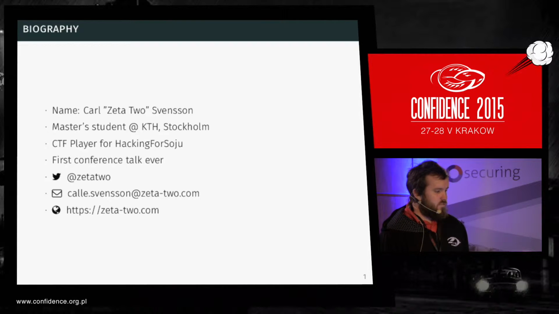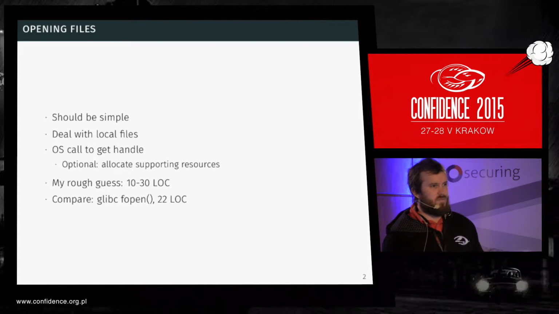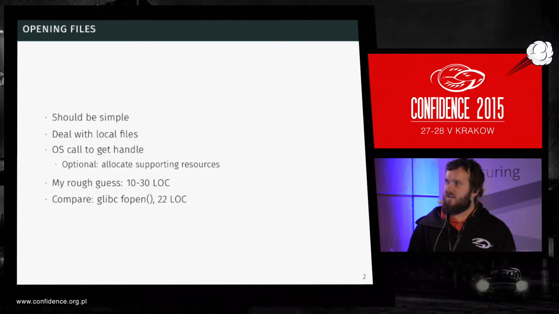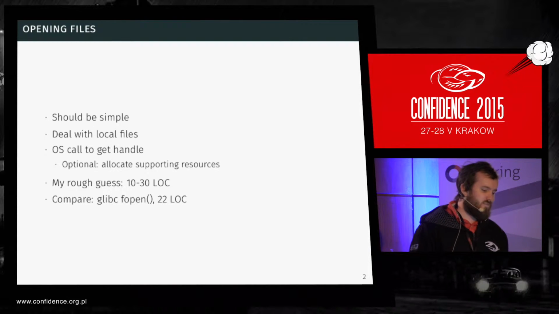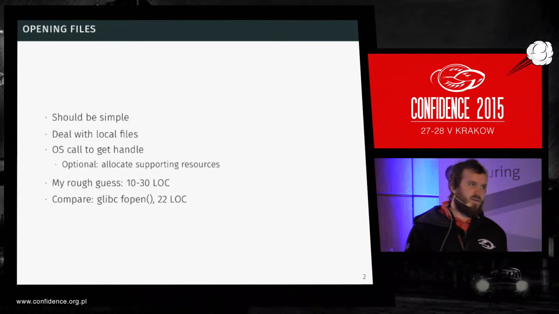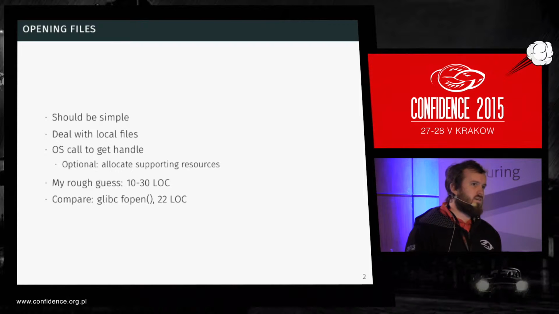So first, let's talk about opening files. We have different opinions on what languages can do, should do, and so on. But I think opening files is a central part in any programming language, and it should be a very simple operation. Basically, just pass something down to the operating system to get a file handle back.